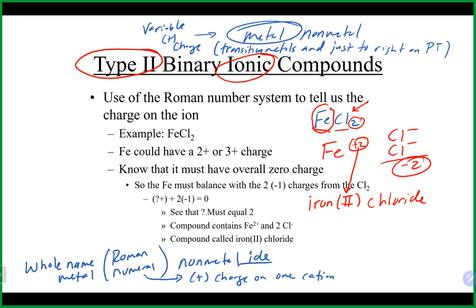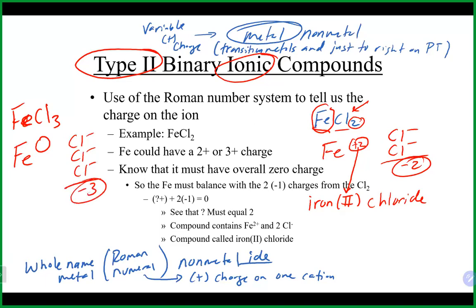Question on up there. The reason we need to do this is if I had FeCl3, what would this be called? Well, if we take a look, right, we got 1 iron, and in this case, we have how many of the Cl's? We have 3, which means 1, 2, and 3.